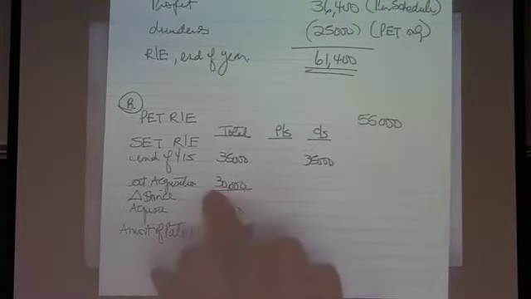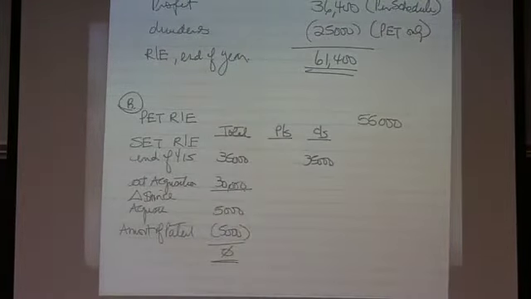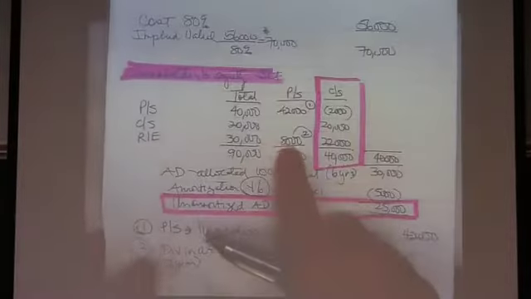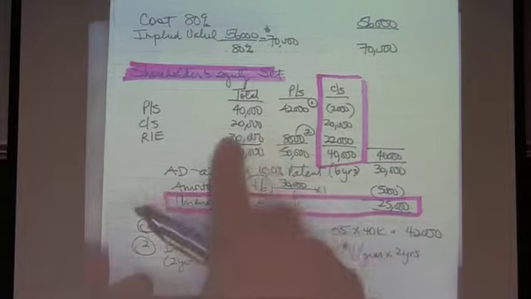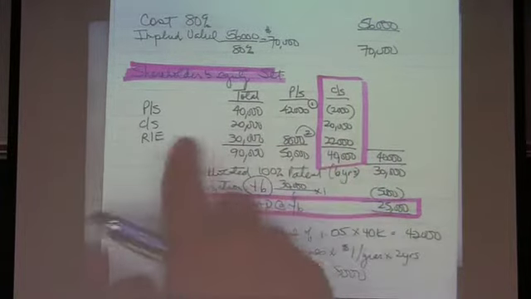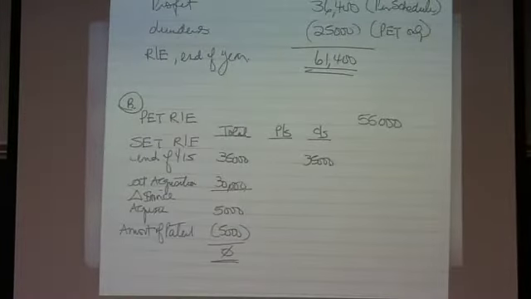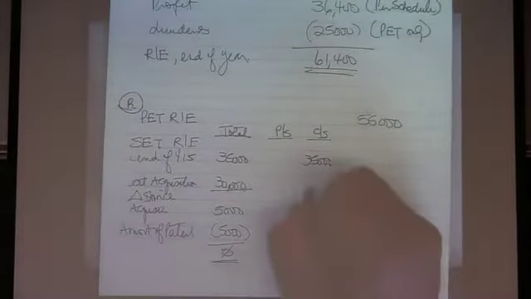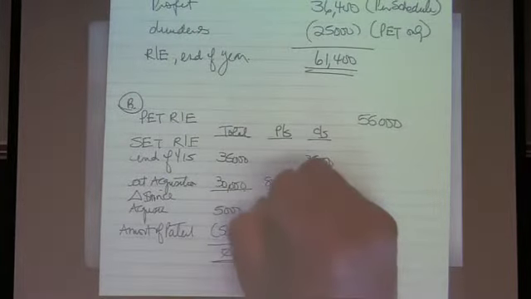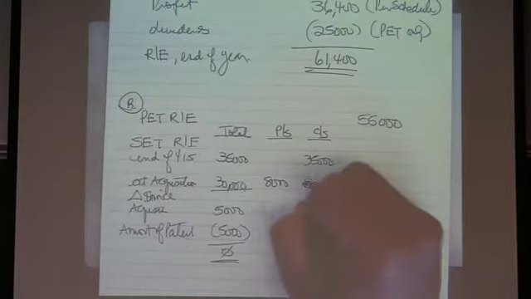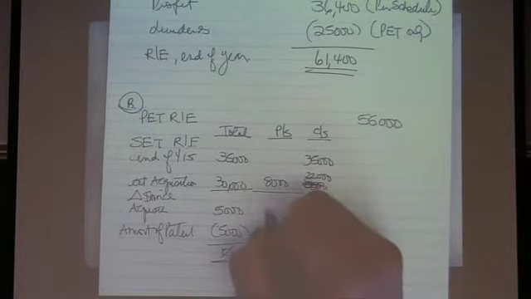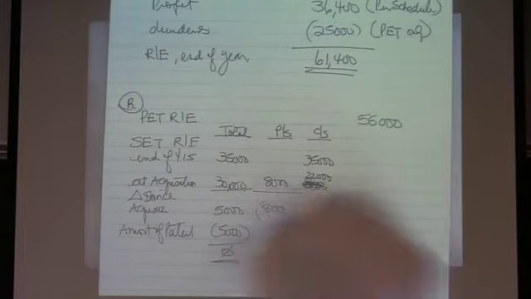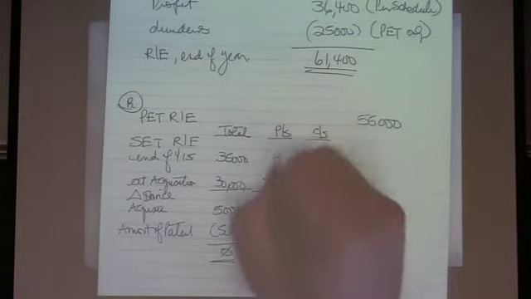And at acquisition, we know that when we did this, we had 8,000 of this that goes to preferred, and 22 goes to common shares. So that came from our analysis. So this is -8, because we're going to subtract 0.